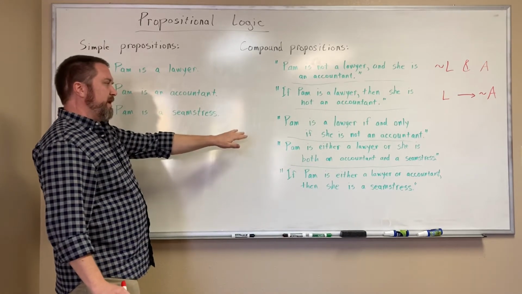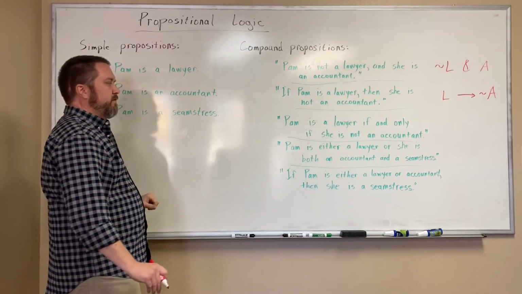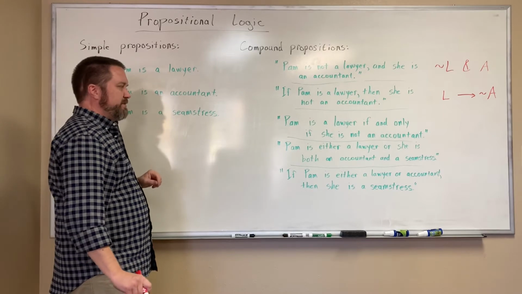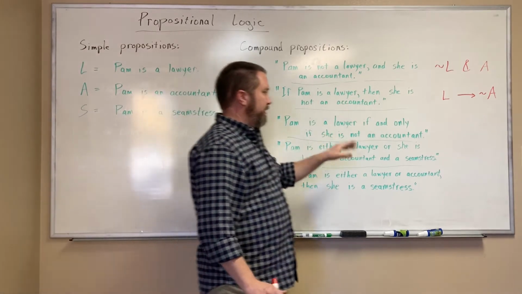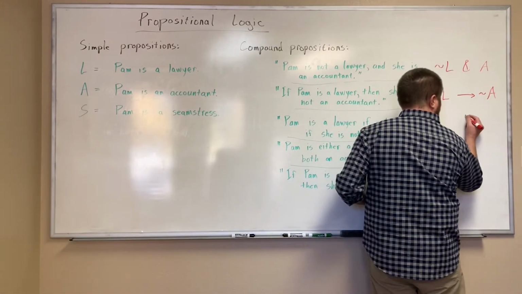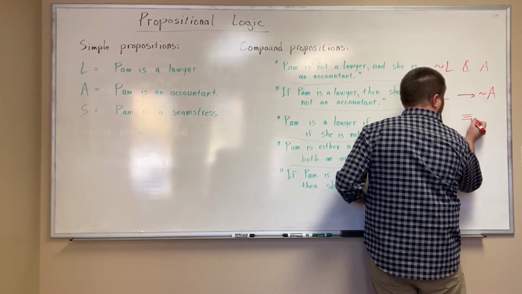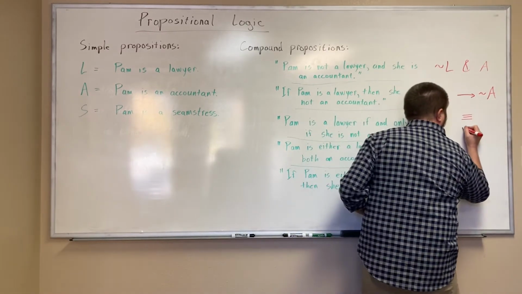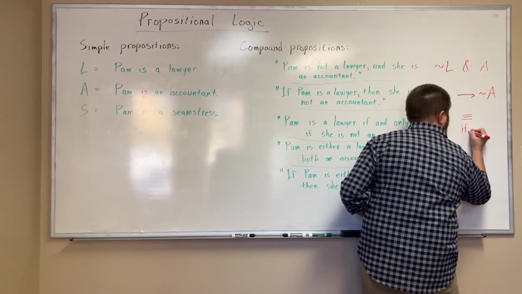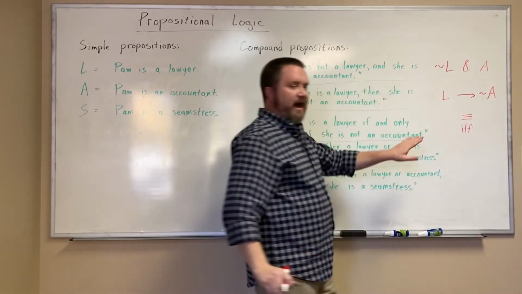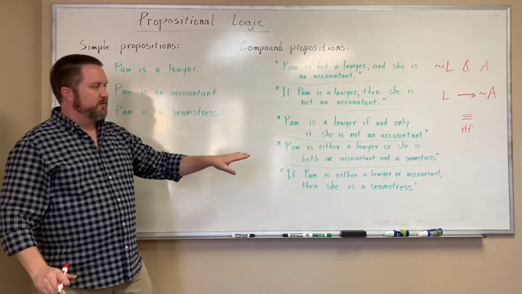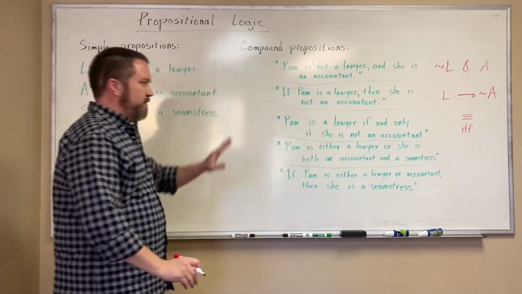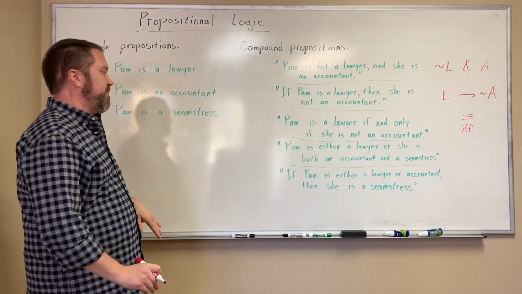Pam is a lawyer if and only if she is not an accountant. So again, we're going to use the triple bar, or if you're doing your work on a computer, a lot of times you'll see Rod use this. We'll just use IFF to express if and only if. So those two symbols mean the same thing if you see them.